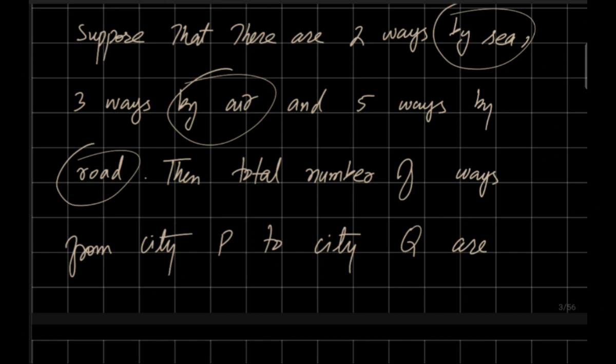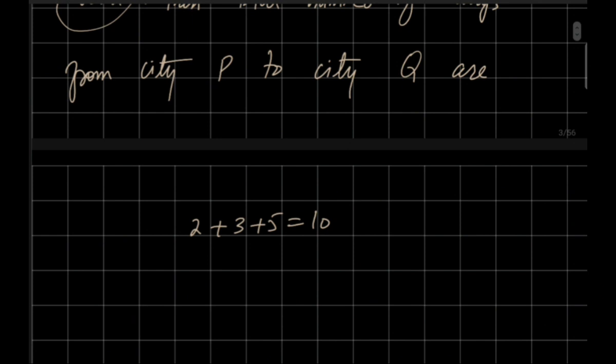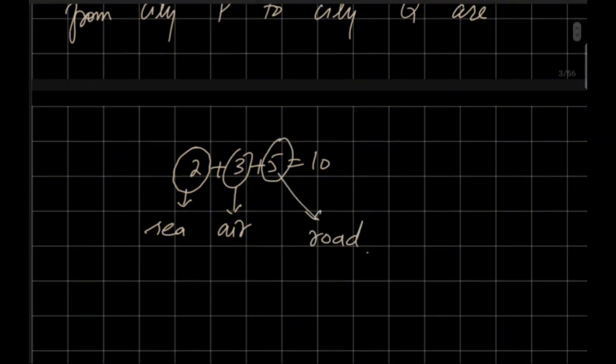Then the total number of ways from city P to city Q is 2 plus 3 plus 5, which is 10, because these are the number of ways by sea, these are the number of ways by air, and these are the number of ways by road. You can see this is n1, this is n2, this is n3.